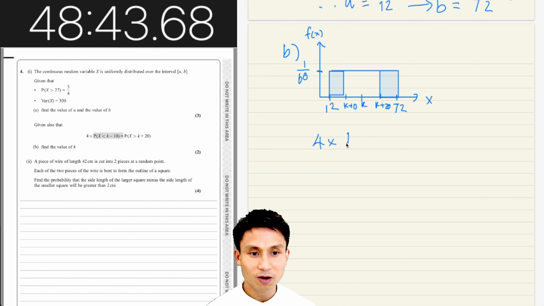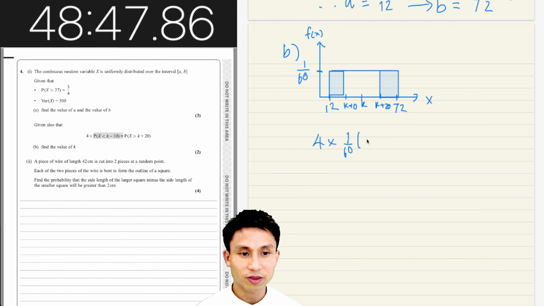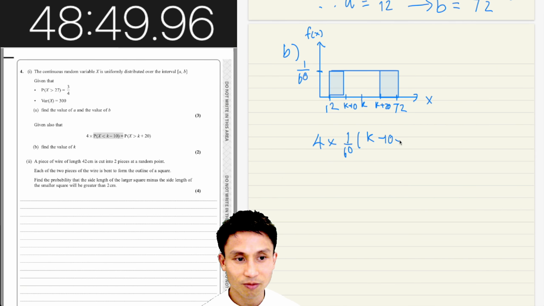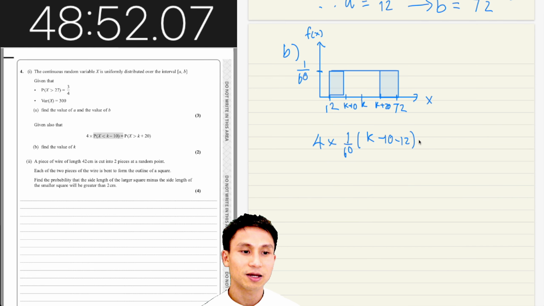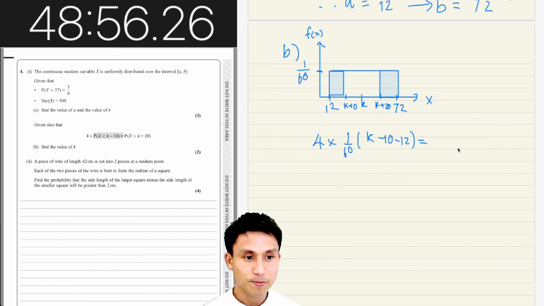So it's going to be the area, which is the height of the rectangle multiplied by the width. And the width is just k minus 10 minus 12, would be equal to the greater one right here. So that would be 1 over 60 as well.